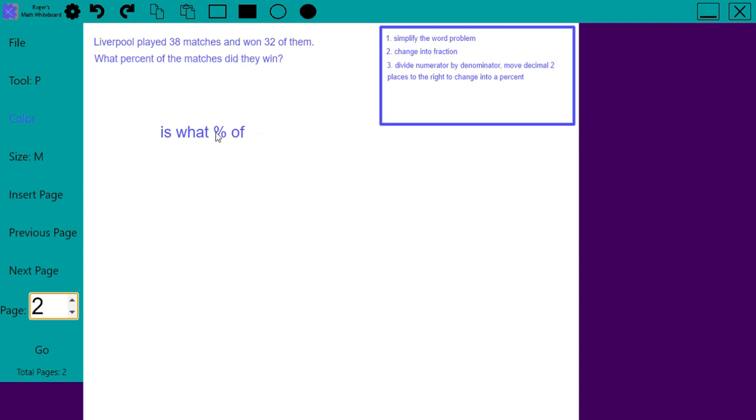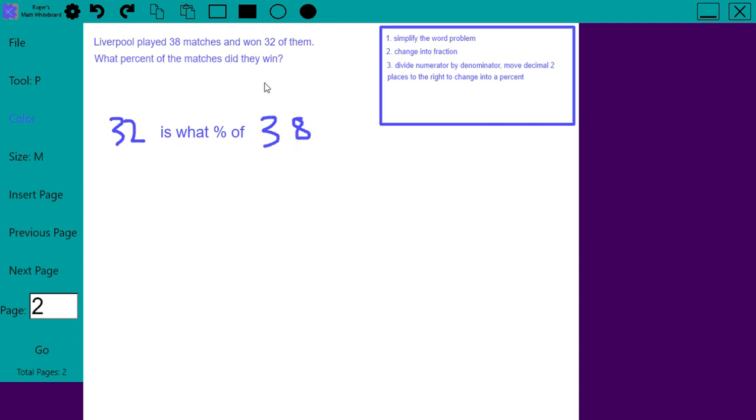So generally the bigger number, you're trying to find the percent of, so I'll go to the end. And the other number, the number you're trying to basically convert into a percent, we'll go to the start. So 32 is what percent of 38?